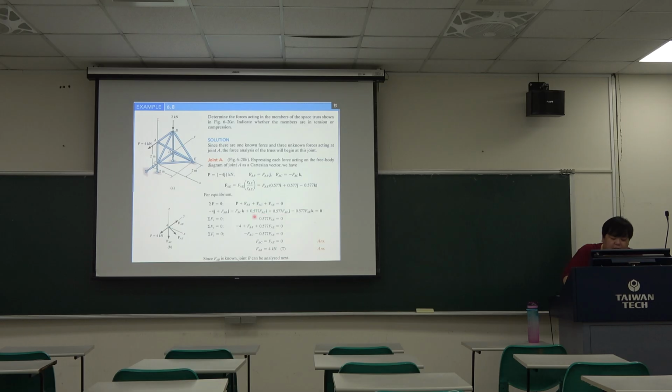So we can see the i part here, just set this equal to 0, then we can get the FAB answer. And when we do the summation Fy equal to 0, it's the same concept: combine the j part and this j part, equal to 0. We can use this result, put it inside, then get the FAB answer.